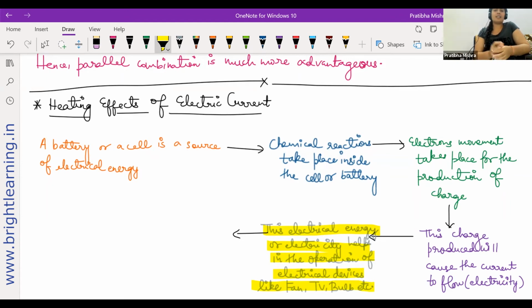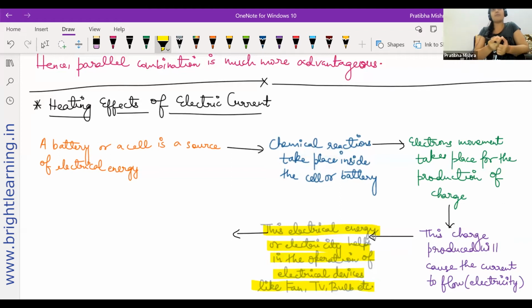Mahashri wrote in the chat that it loses more energy. So energy is nothing but a form of heat. We studied in the first chapter, right? Energy can be in the form of heat, light, right? That's possible. So this electrical energy is nothing but a form of heat again.